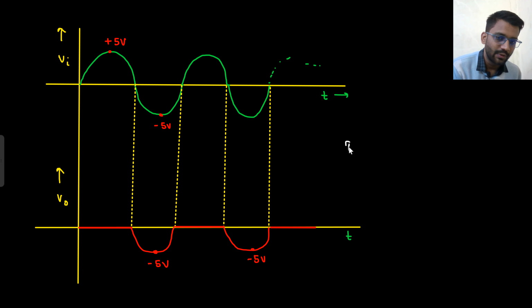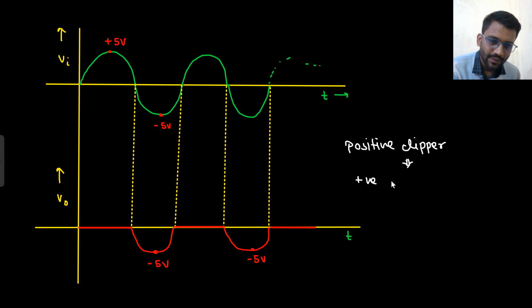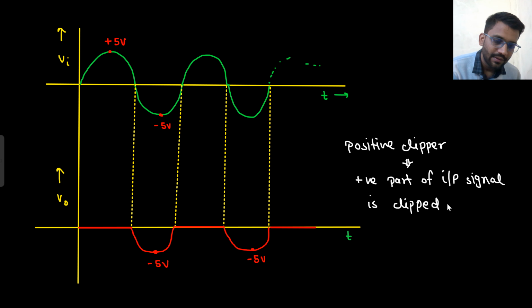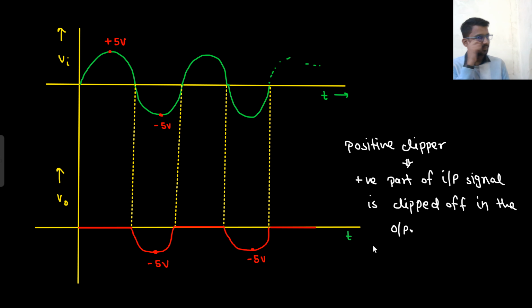So a positive clipper means that the positive part of the input signal is clipped off in the output. So in the output only the negative part is coming. That's the simple analysis. I hope you all understood it.